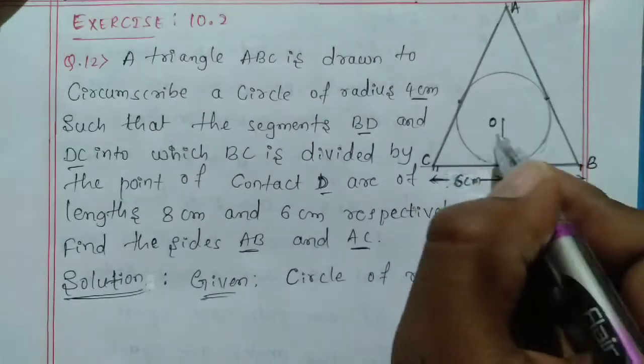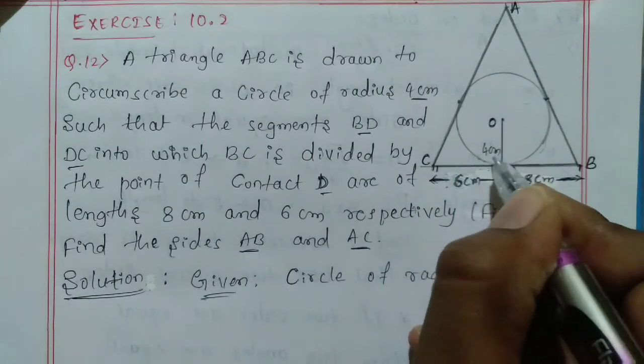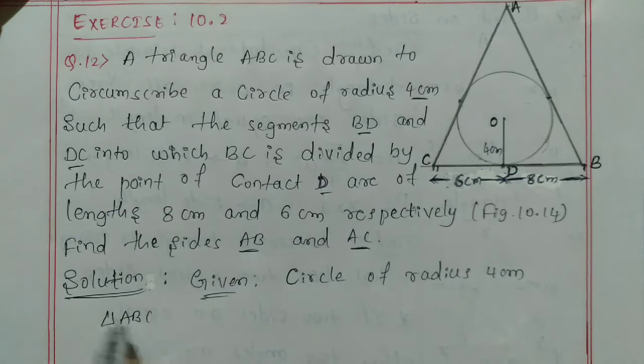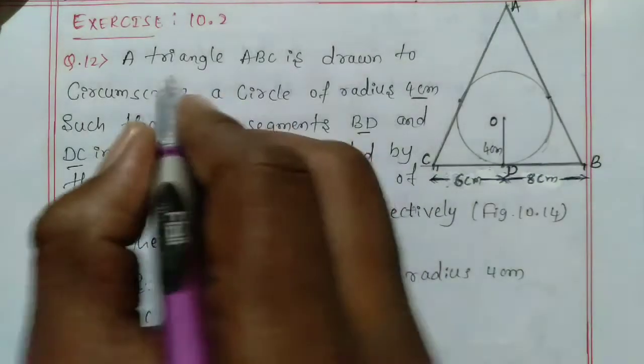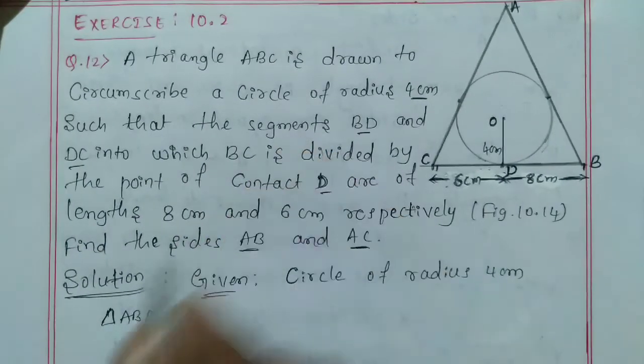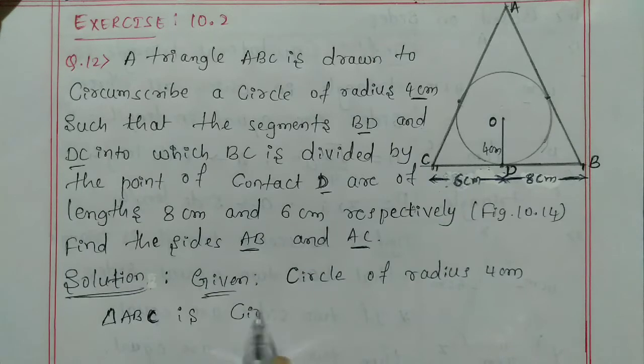OD is the radius, so I will write here this is 4 centimeter. Next, triangle ABC is drawn to circumscribe a circle.